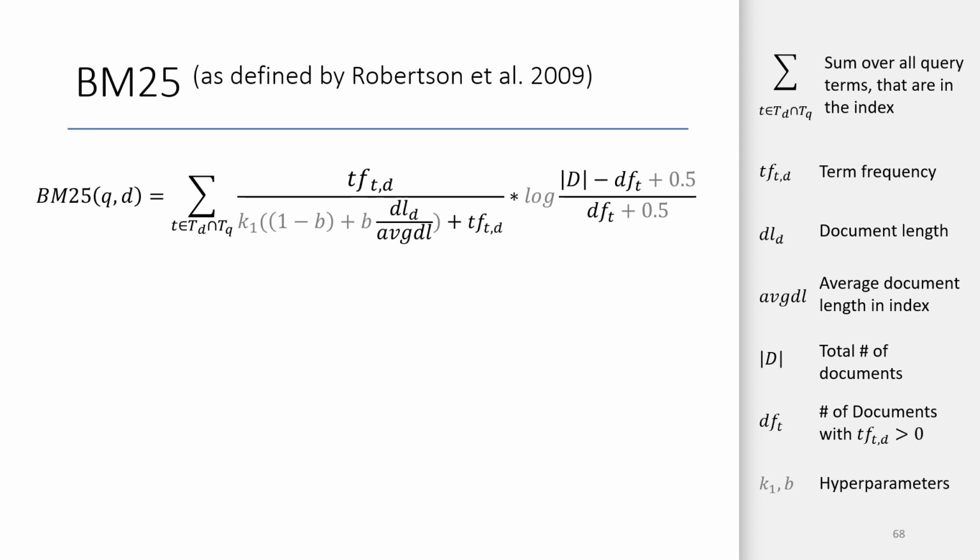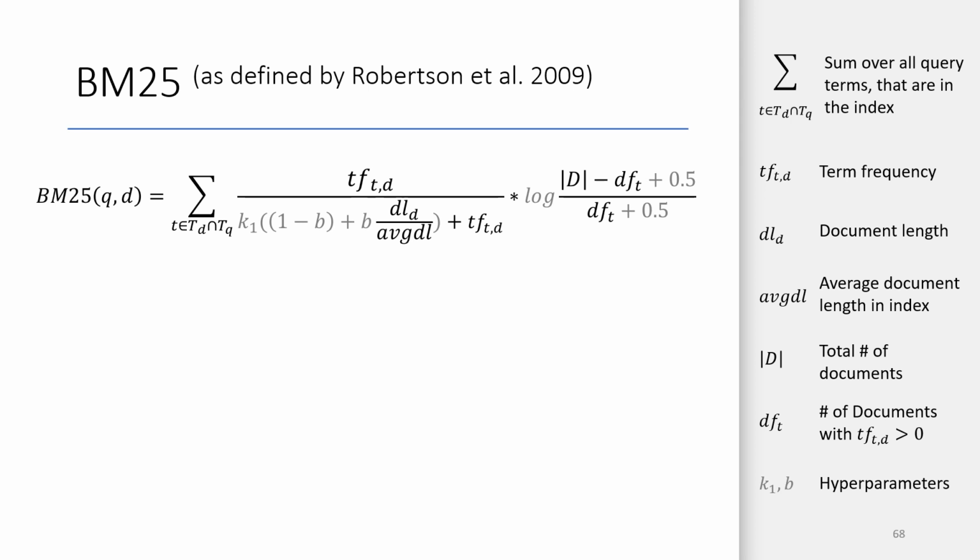The changes in comparison to TF-IDF are mainly in the first part, concerned with the term frequency, that now also takes into account a normalization of the document length by the average document length, and it introduces two hyperparameters k and b that can be tuned to define the influence of this document length normalization.